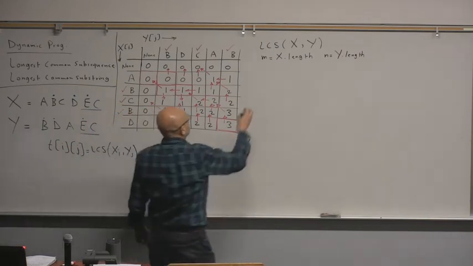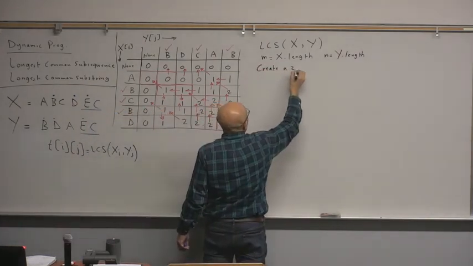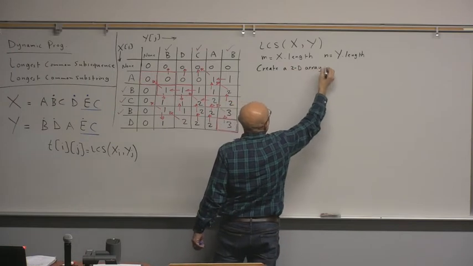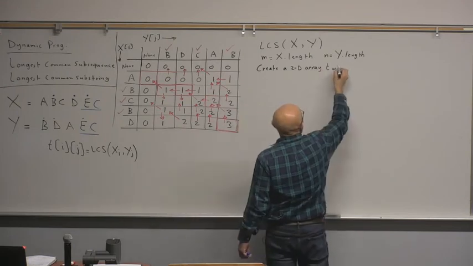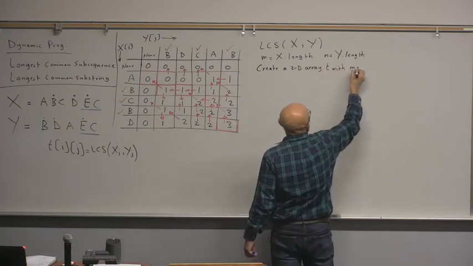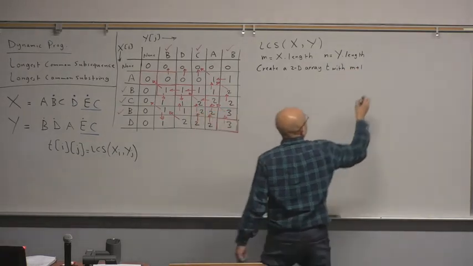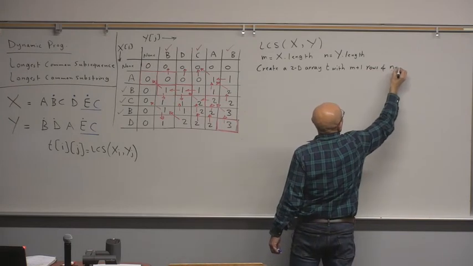Then we create a two-dimensional array, call it T, with m plus 1 rows and n plus 1 columns.